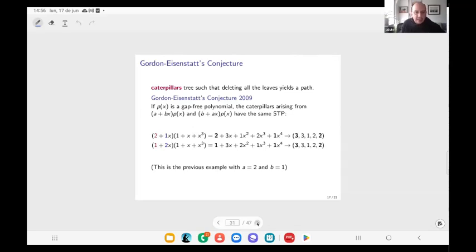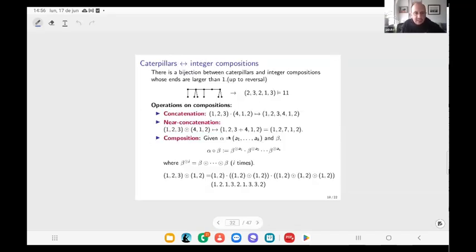And then what we know is that caterpillars can be seen as integer compositions up to reversal. So for instance, I have 2 vertices, 3 vertices, 2 vertices, 1 vertex, and 3 vertices, so I have this composition here.